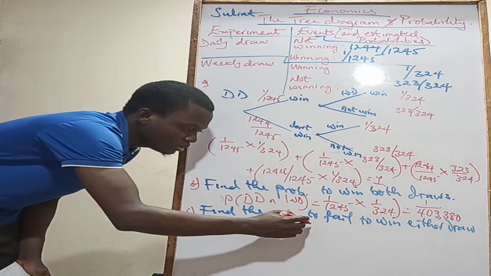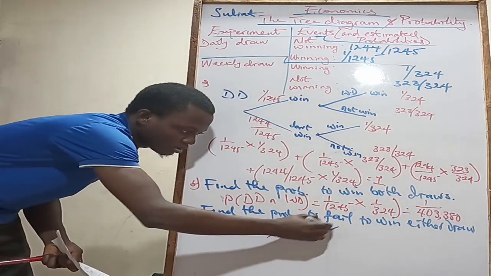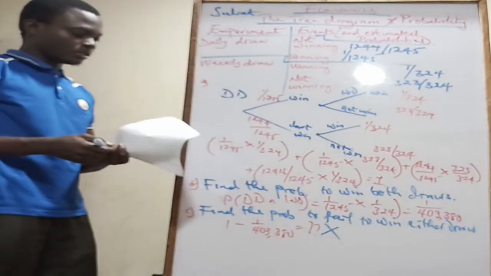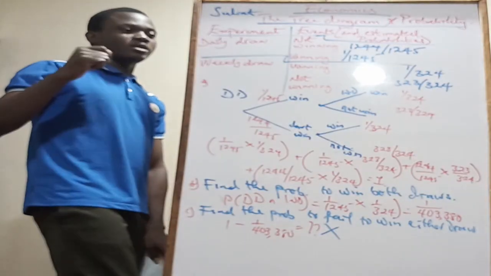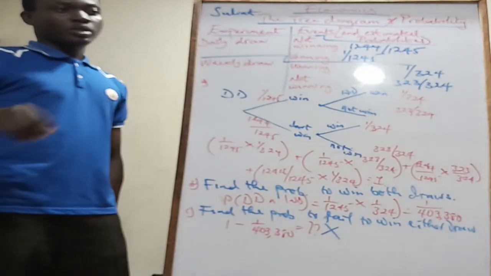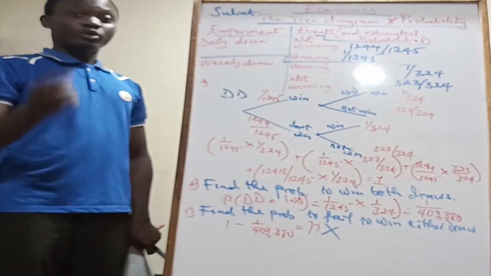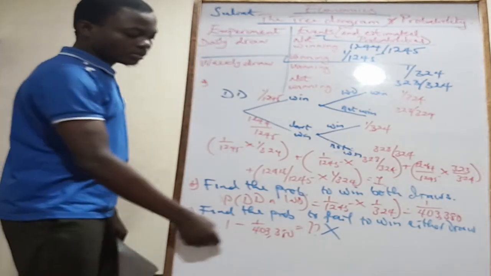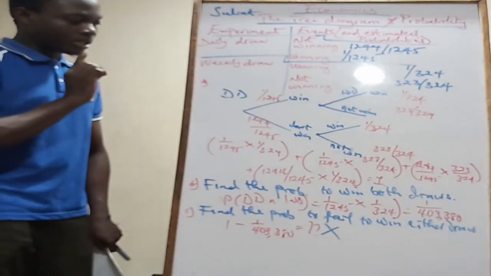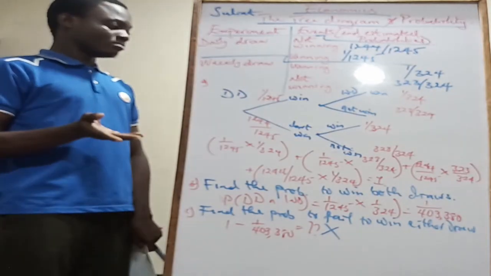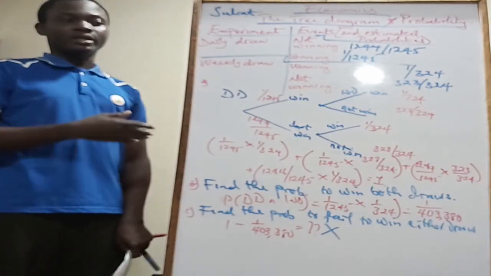But if you do this, it is not correct. It is going to be wrong, because what you're saying is the probability of not winning both. But it's not saying the probability of not winning either. It's just English. The probability of not winning both the weekly and the daily draw is when this one is going to be correct. But the question is saying find the probability that she fails to win either draw. So she fails to win either draw, like she's not winning.